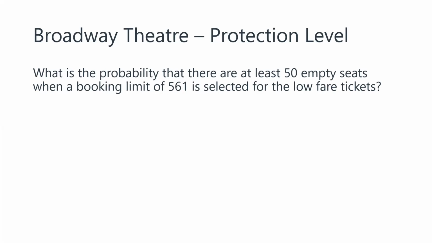So the question changes to the probability that there are at least 50 empty seats when the protection level is 1200 for the low fare tickets. So the protection level is given as 1200. What is the probability? Let me introduce it here.